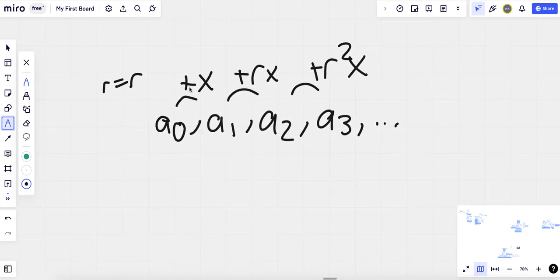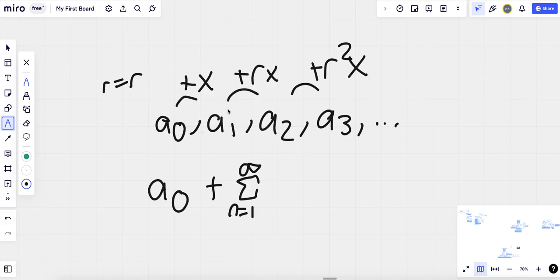And now that we have this, we can represent this as a0 plus a summation, because all of these terms can be written as a summation, since we're just adding terms to get the next terms. So the summation would be from n equals 1 to infinity, because it's an infinite summation.